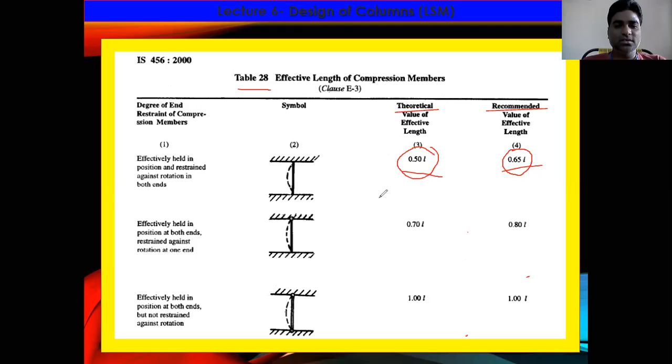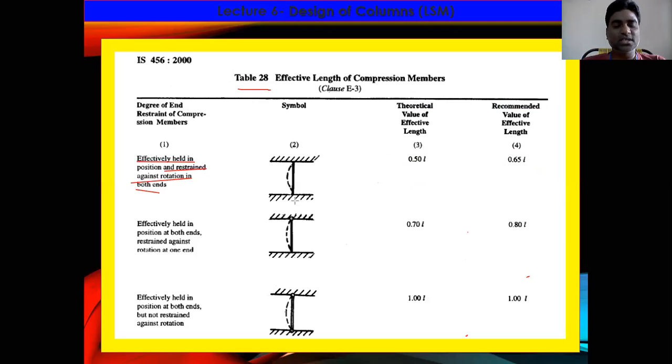So let me see what are the different values proposed by IS 456-2000. Here some extra cases are given, that we will see. First one is effectively held in position and restrained against rotation at both ends.